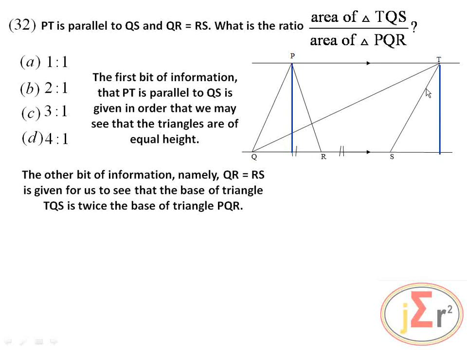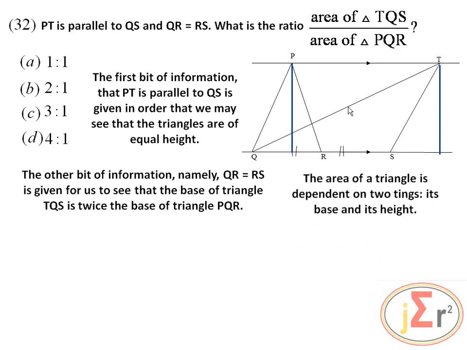Therefore, the triangle TQS has a base that is twice that of PQR. The area of a triangle is dependent on two things: its base and its height. So we have area of TQS, area of PQR.